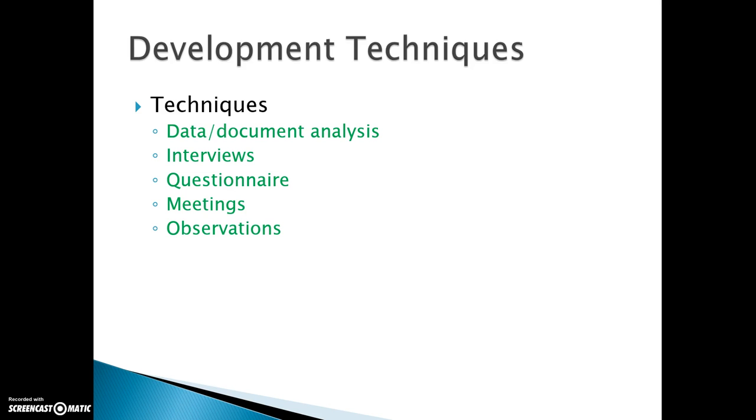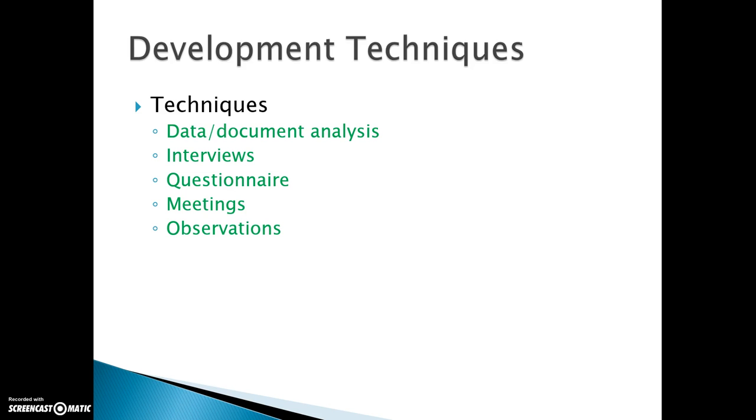Okay, so those are the techniques that you can use to investigate a current system. Data and document analysis is very factual, so you will see exactly what is happening in the current system, what kind of data they're using, and how they are using it. Interviews, one-on-one with someone, to get some answers there.